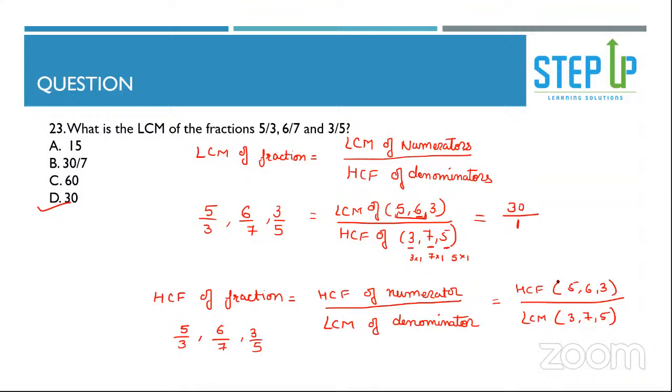The HCF of 5, 6, 3 would be 1, and the LCM of 3, 7, 5, all being prime numbers, you directly multiply. 3 into 7 is 21, into 5 is 105. So your answer is 1 by 105. This is the HCF of fractions.